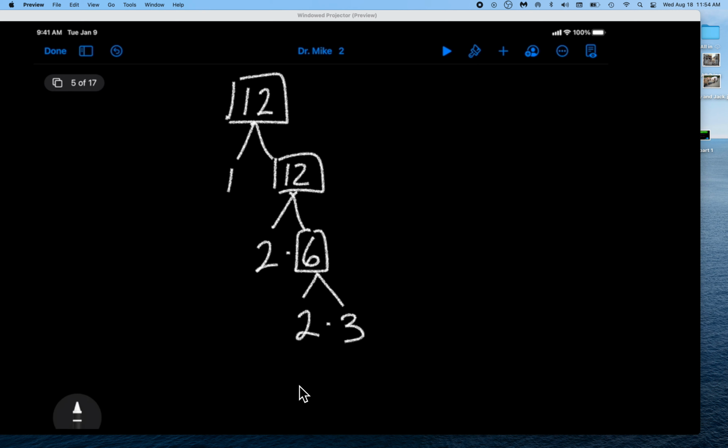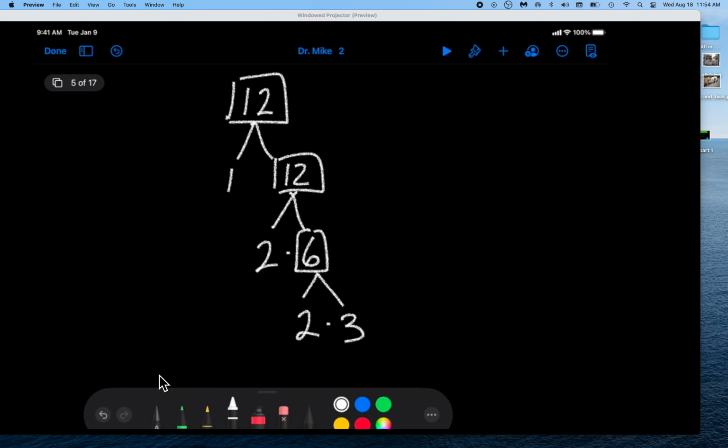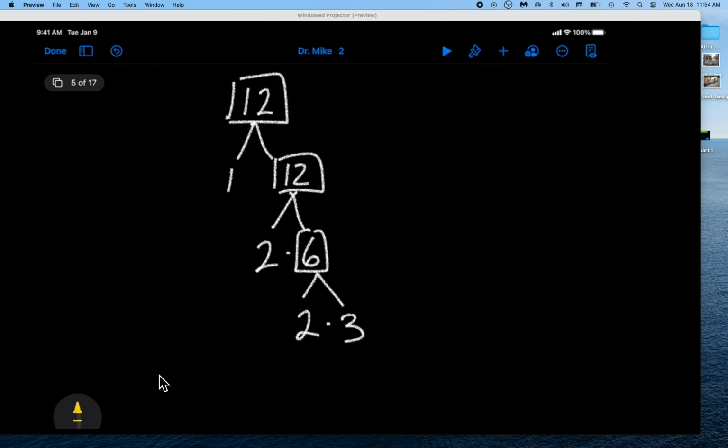Now we have all prime numbers. 2 is a prime number. So we have this, this, and this. So here is the prime factorization. 2 times 2 times 3. These are all prime numbers, and when you multiply them out, 2 times 2 is 4, times 3 equals 12.